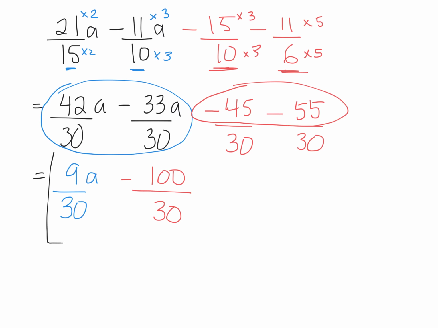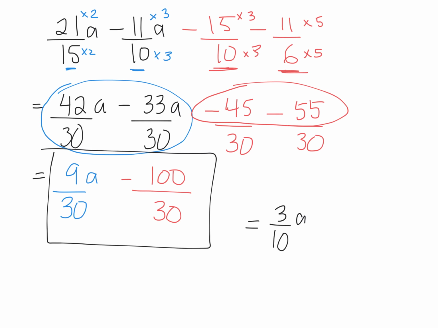Is this simplified? It's simplified, but is it in lowest terms? So I want you guys to rewrite it in lowest terms and tell me what you got as your answer. Okay, 9 over 30a can be rewritten as 3 over 10a. And what about negative 100 over 30? Negative 3 1/3.